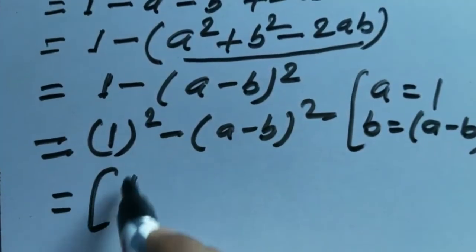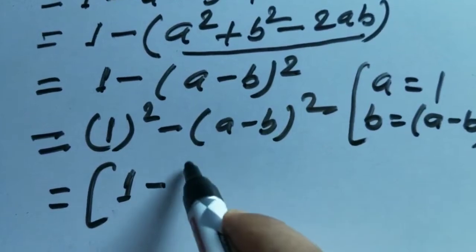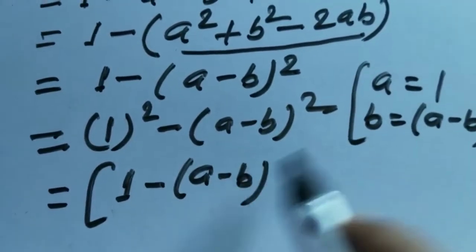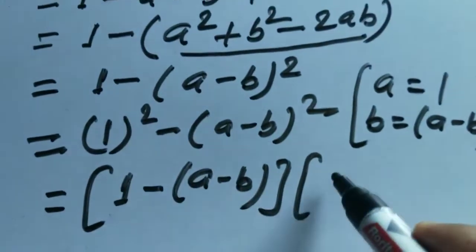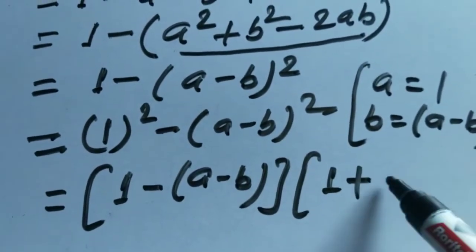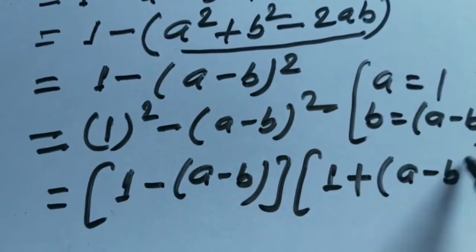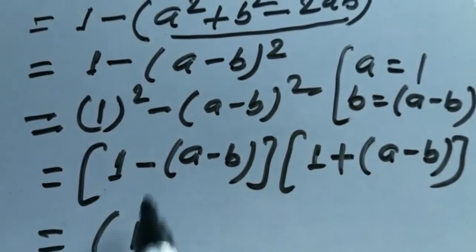So write at the place of a 1, and minus at the place of b you have to write a minus b, and at the place of a write here 1, and plus at the place of b you have to write a minus b.